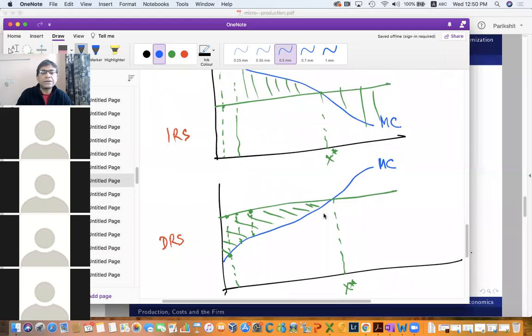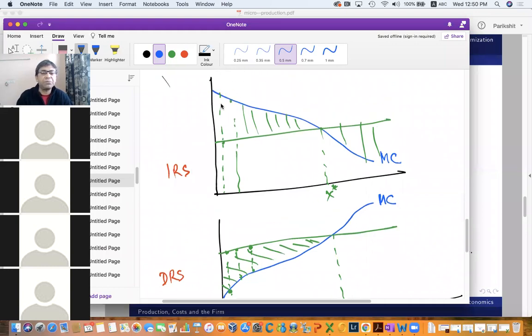So what happens if you have a perfectly competitive market with IRS, right? The model won't close. You won't get a nice market clearing price where each firm is producing some finite quantity. Increasing returns is not compatible with perfect competition. Increasing returns leads to what is called natural monopolies, right?